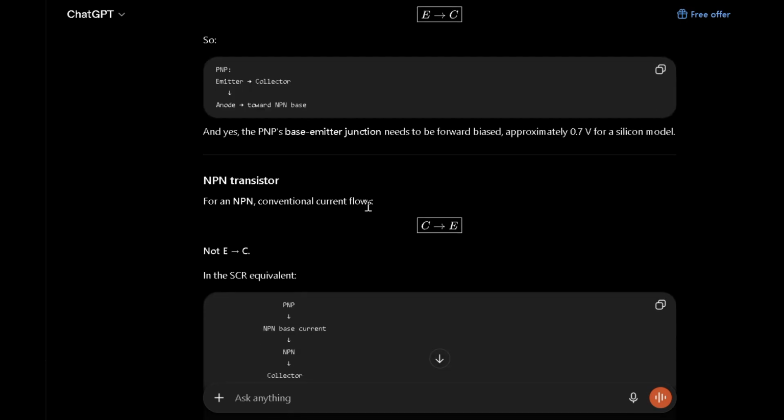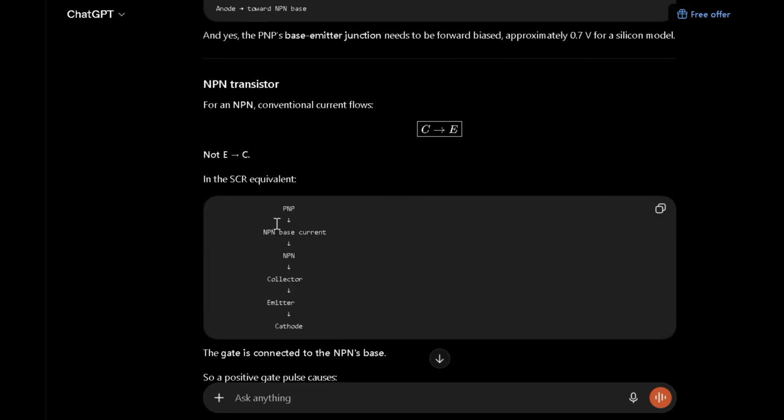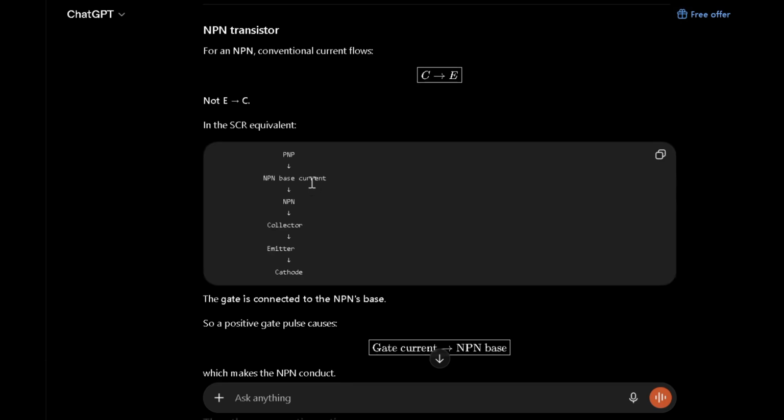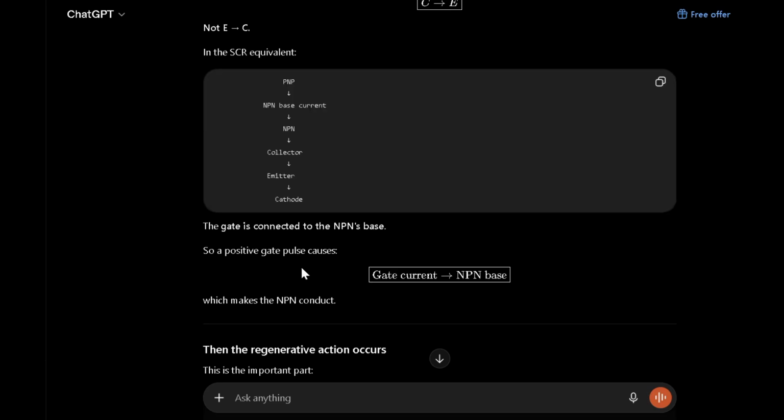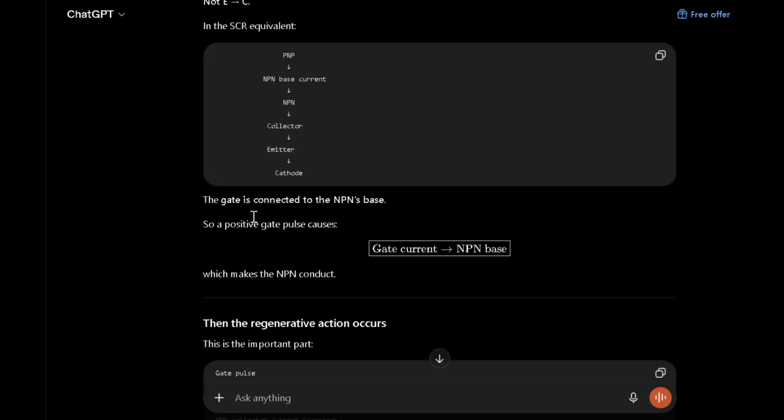That's correct, I was forgetting. In the SCR equivalent, the PNP collector current is the NPN base current, and the NPN collector connects to the cathode. The gate is connected to the NPN base, so a positive gate supplies gate current to the NPN base, which makes the PNP conduct, and then the regenerative action occurs.